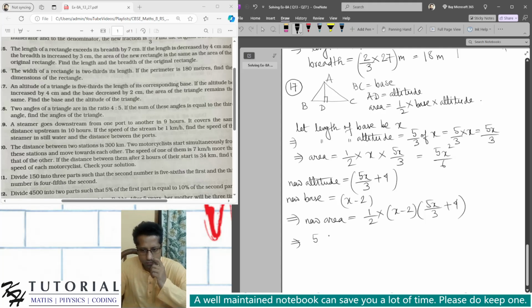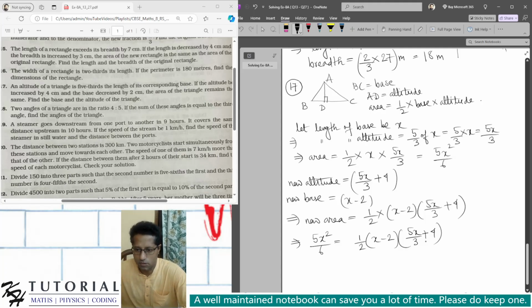Since the new area is equal to the original area, the original area 5x square by 6 will be equal to the new area, that is half multiplied by x minus 2 multiplied by 5x by 3 plus 4. This is the equation we have got.